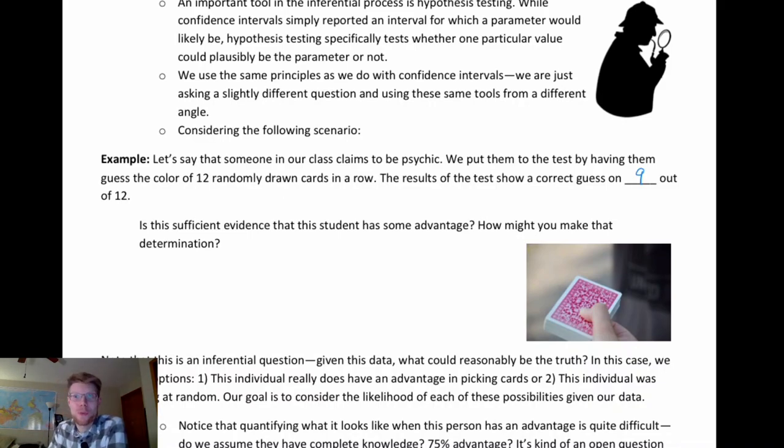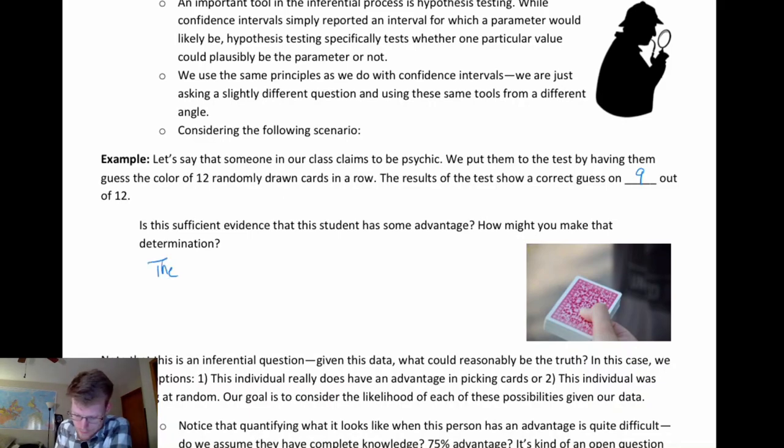But really the root of the question we're trying to get to is if she was guessing by random chance, how often would we see someone guess at least 9 out of 12 correctly? This is the question that we can answer, and we can use probability here to determine that.